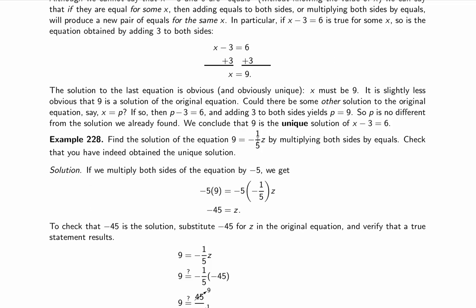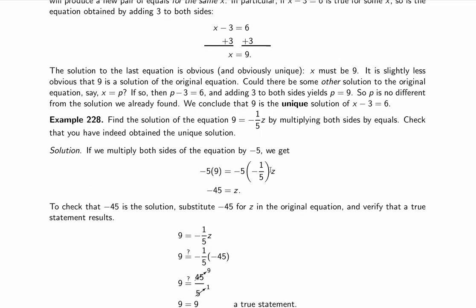We'd like to get just z on the right. Well, the quickest way to do that is to multiply both sides by the same number. How can you get 1z?